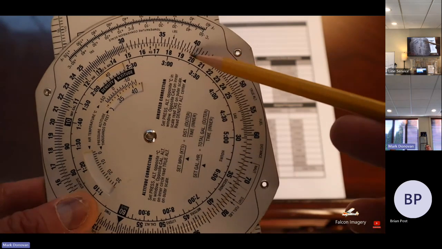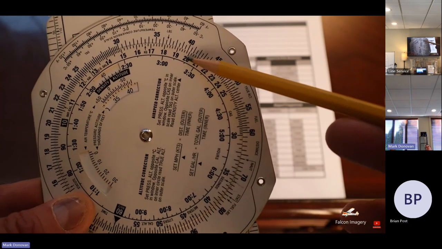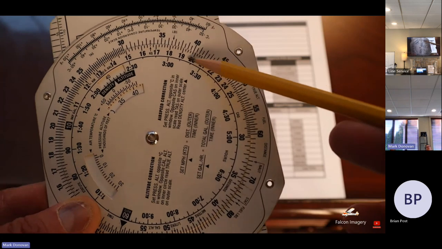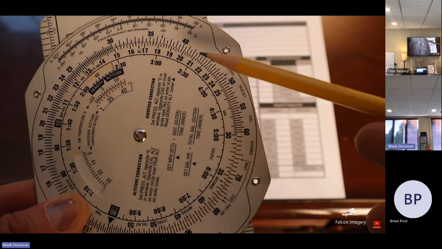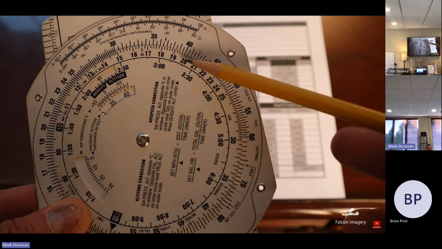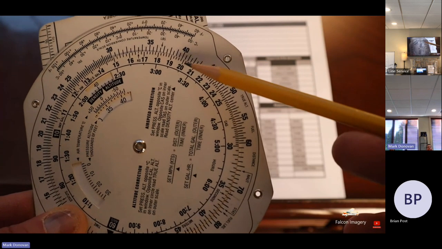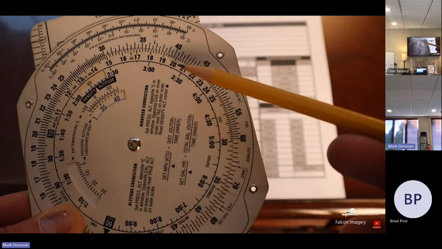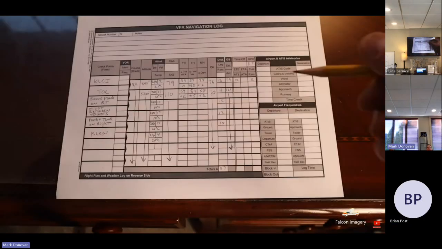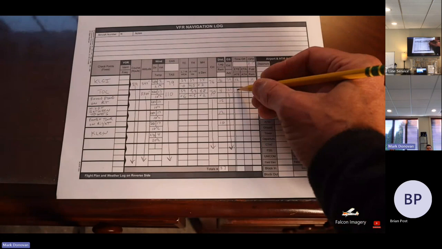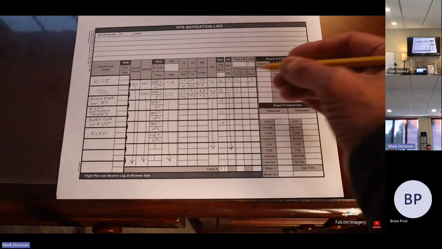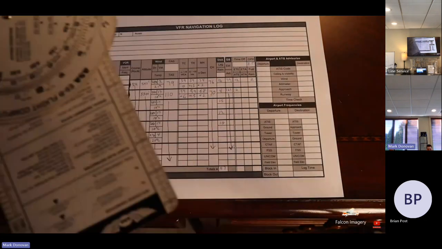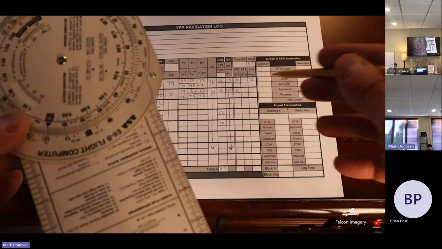And we look down at the inner arc of numbers, and we see 20. We know it's not going to take us 20 minutes to go 4 nautical miles at 121 knots. It's going to take us 2 minutes. And so we're going to record 2 minutes right in here on our navigation log. Then the next leg is 15 nautical miles.